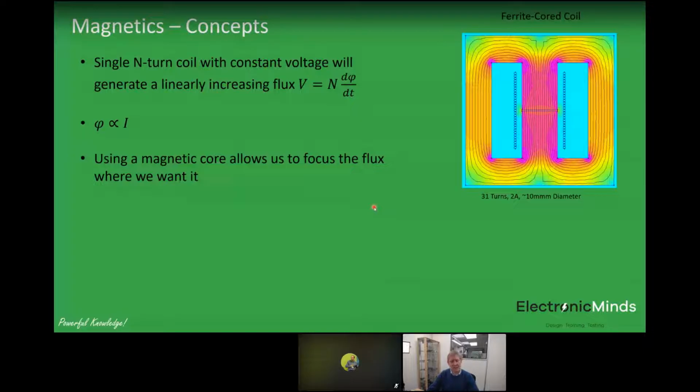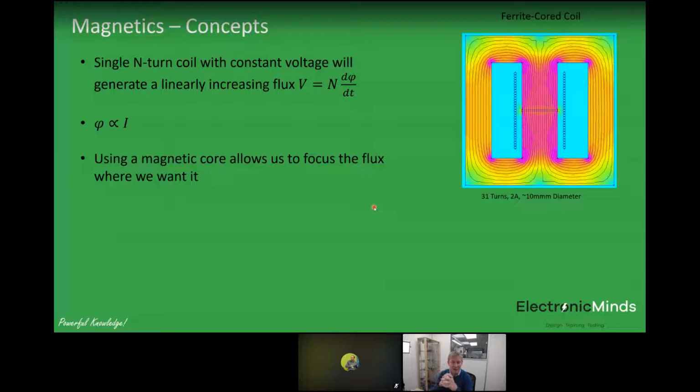The permeability of the ferrite material here is very high, and with a high permeability material, the flux finds it much easier and wants to flow within that material. So what the magnetic core does is it allows us to control where the flux actually flows.